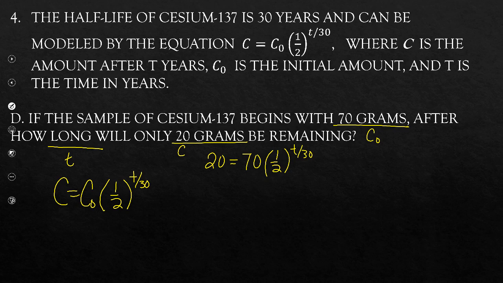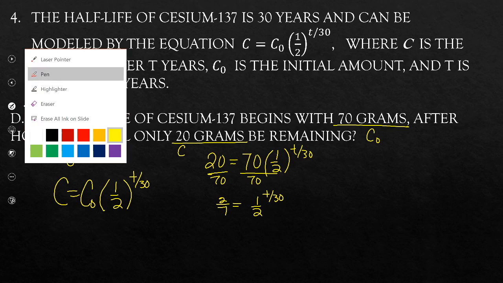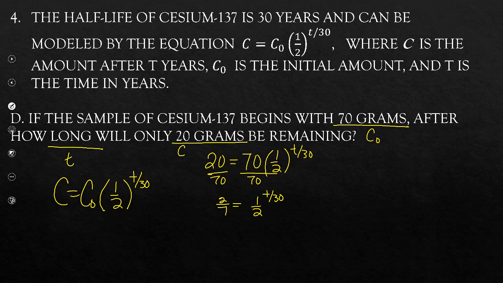Okay, as we've done in the past, we need to isolate our base with the exponent. So we're going to divide both sides by 70. I'm just going to simplify to give me 2/7 equals 1/2 to the power of t over 30. Again, to get rid of an exponential, we have to take the log of both sides.